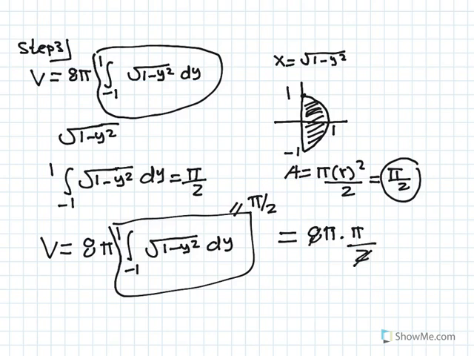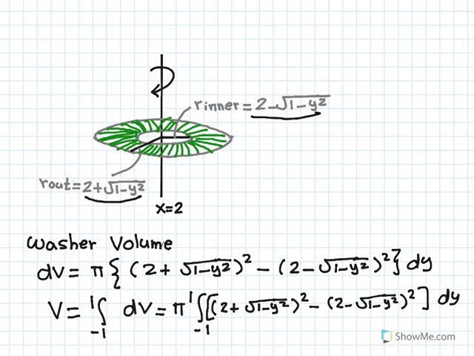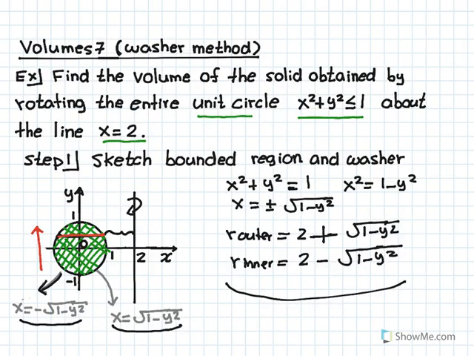And 2 cancels with 8, we get 4 pi squared. This represents the volume that's generated when we revolve this unit circle about the line x equals 2. Notice when we do this revolution, we're going to get a tube. It's also known as a torus. So you're revolving this whole circle, the entire circle, about y equals 2, and you're going to get this tube-like solid. All right, thank you.